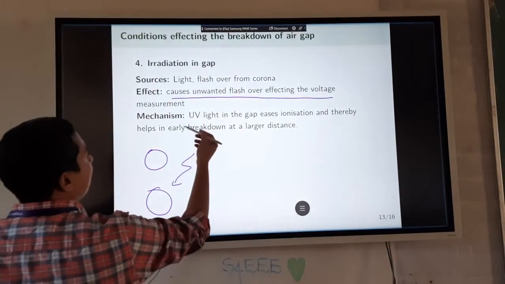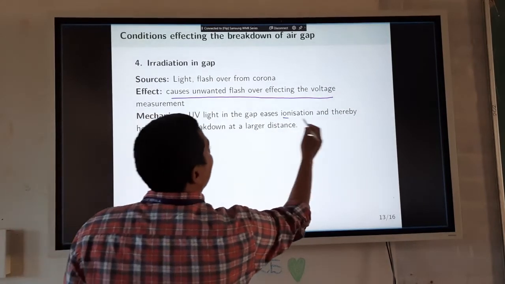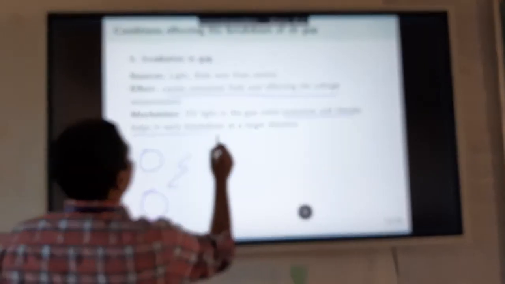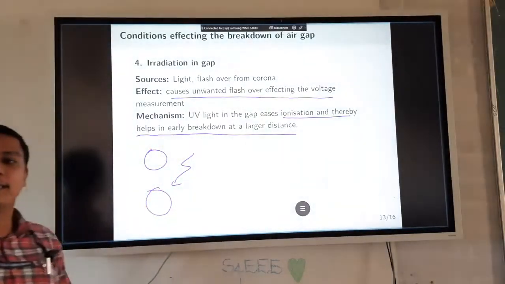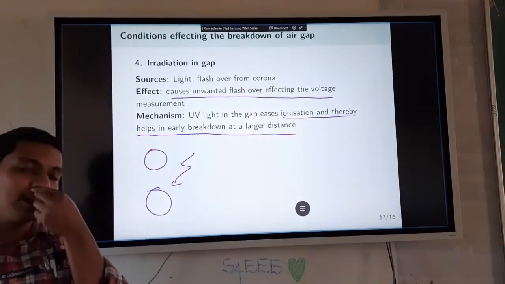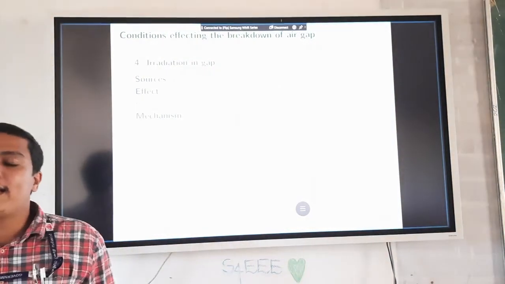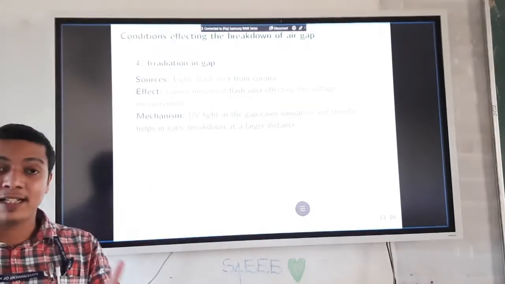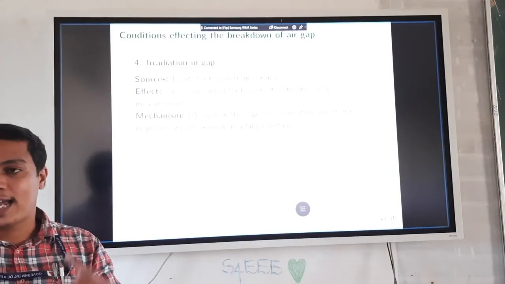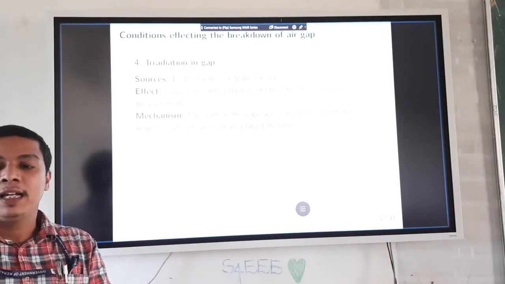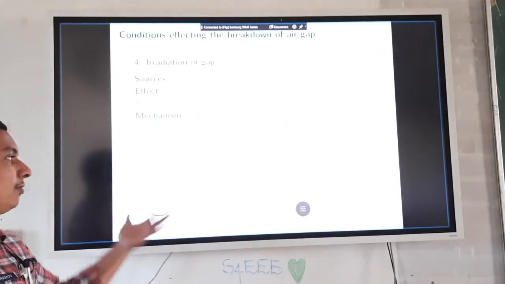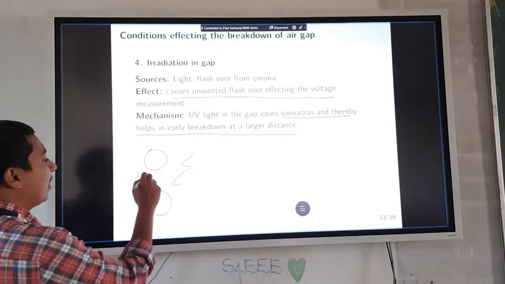The mechanism is that UV light in the gap causes ionization, and thereby an early breakdown at a larger distance. Just like temperature, the UV radiation or flashover light can also impart more kinetic energy to the ions, and that is why you will have a breakdown at a larger distance.